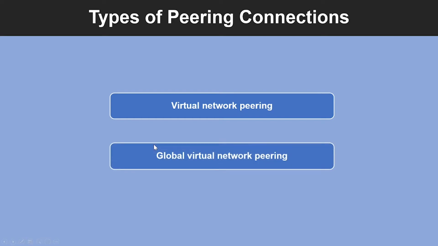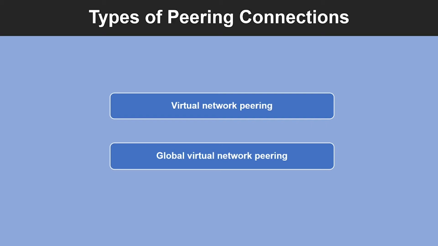The second type is global virtual network peering. This connects virtual networks that are in different Azure regions, such as a virtual network in North Europe and a virtual network in West Europe. And virtual network peering doesn't affect or disrupt any resources that you have already deployed to a virtual network.